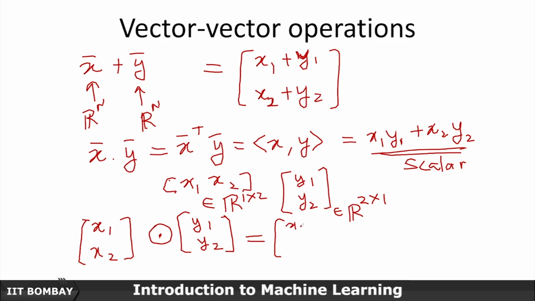So we will have x1 y1 and x2 y2. So this is the third operation that you should know about. Again, this has to be of dimension n cross 1, and the resultant also has dimension n cross 1.